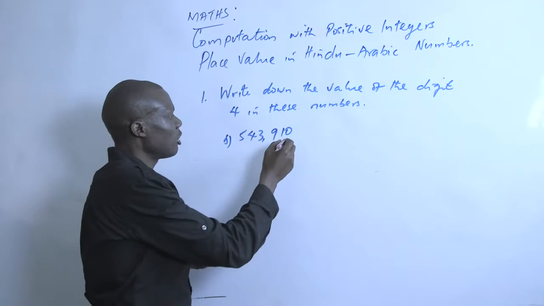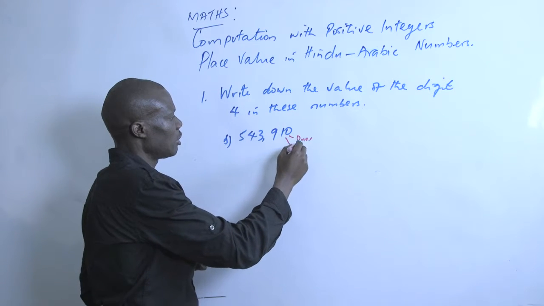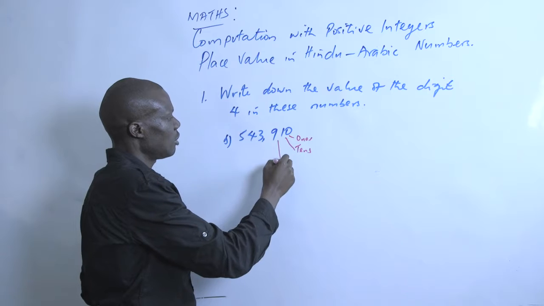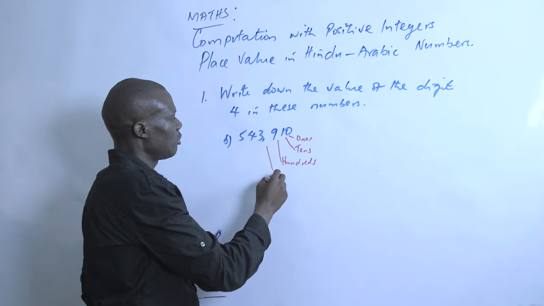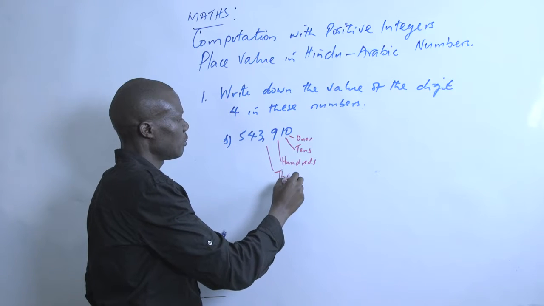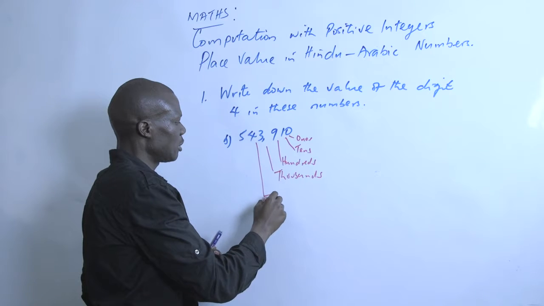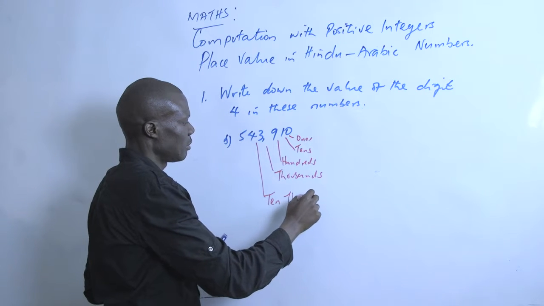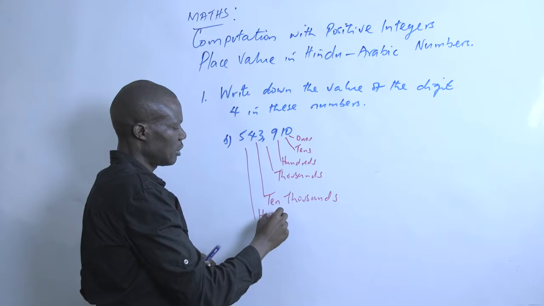You'll find that this one is for ones, this one is for tens, this one is for hundreds, this one is for thousands, this one is for 10,000, this one is for 100,000.